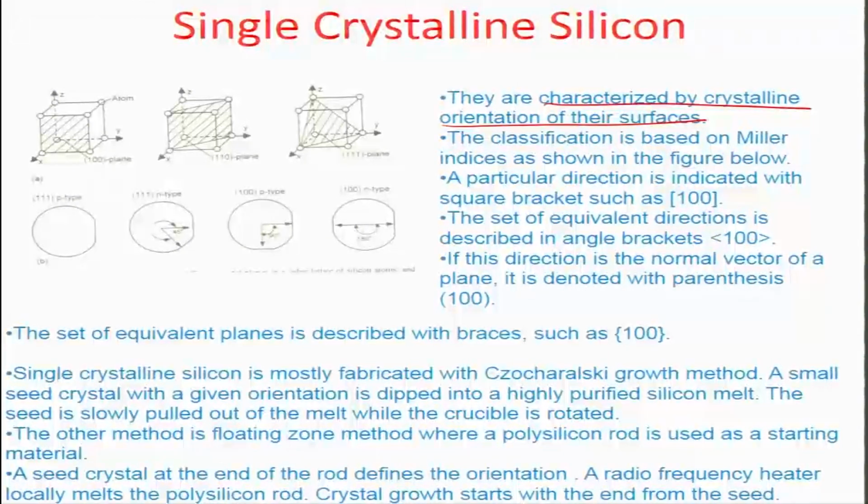The classification is based on what we otherwise know as Miller indices, shown in the figure. For example, the 100 direction corresponds to 1 along the x axis, 0 on the y axis and 0 on the z axis. That means the direction which is red highlighted in this particular case.